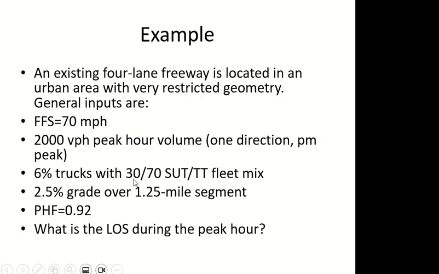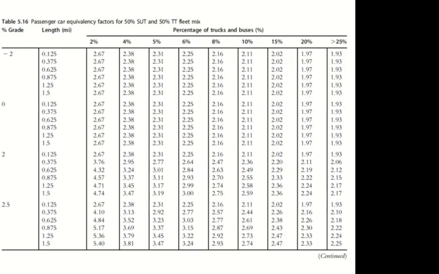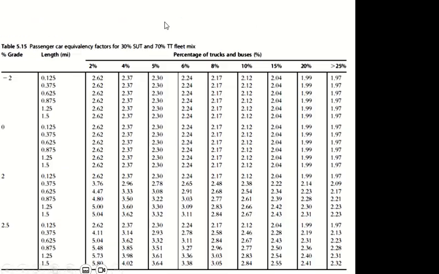Why is this mix important? Because I have tables for the adjustment factor. The distribution of single unit trucks and trailer trucks is mentioned here. I have 30-70, 30 single unit and 70 trailer trucks, which is this one.